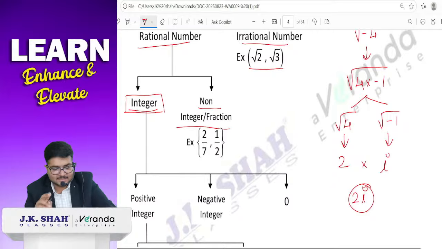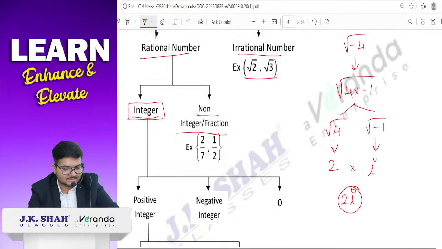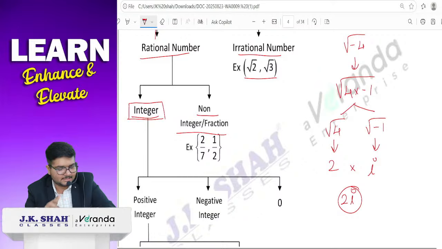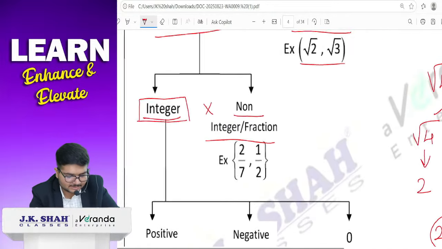So now rational numbers are classified into two types. The two types are called integers and non-integers. Are you understanding, right? There are two types in rational numbers: integer and non-integer. Obviously these two are opposite words. Now sir, what is the meaning of integer?